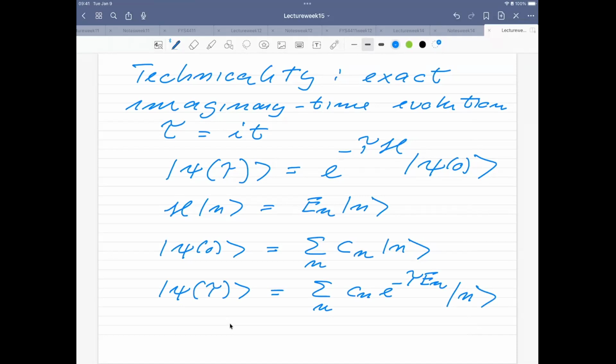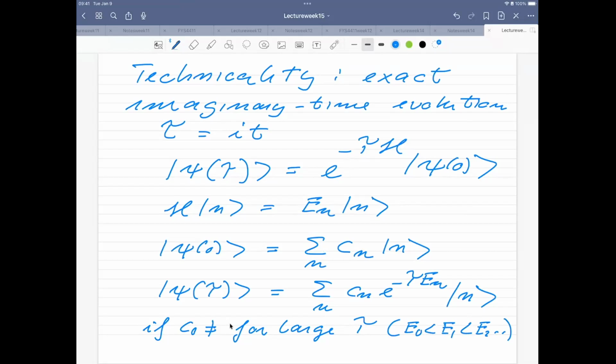Now, what is interesting now, if this C0 is different from 0, for large times, we can then, if we have assumed that E0 is the lowest lying state, we have this ascending series, then the imaginary time propagation for the ground state is going to be dominated by the state with the lowest energy.